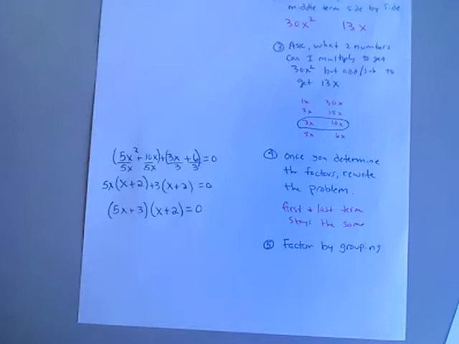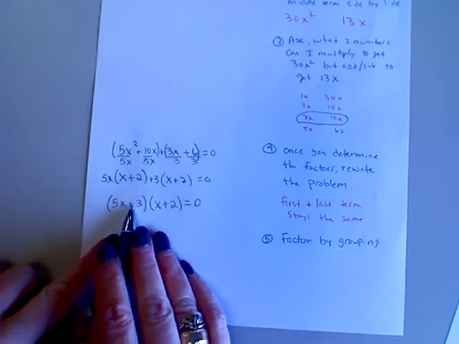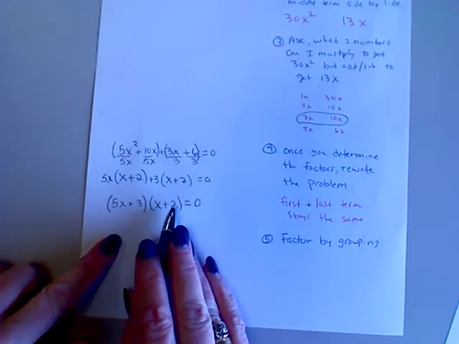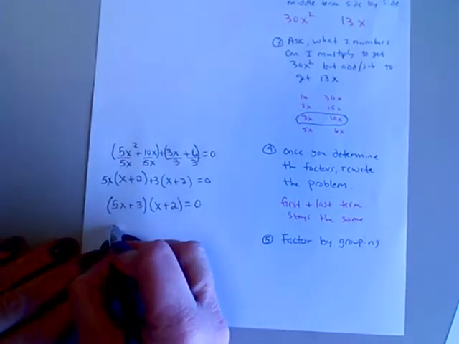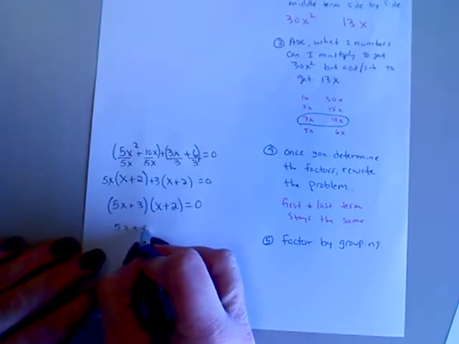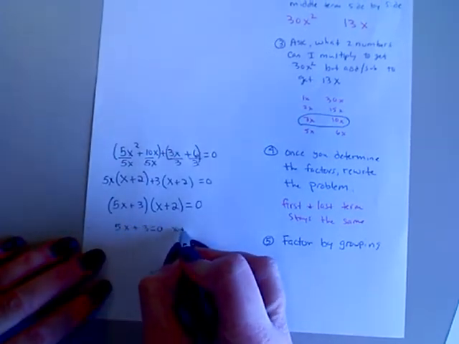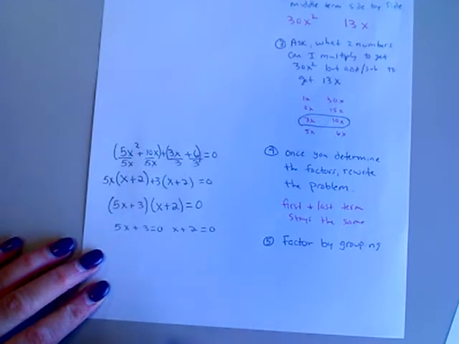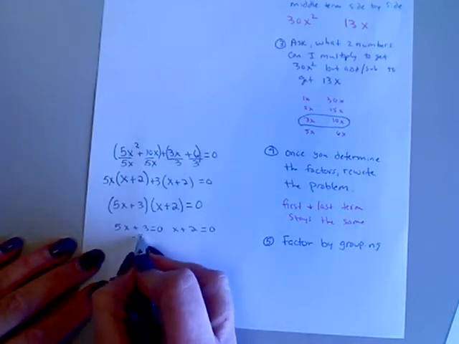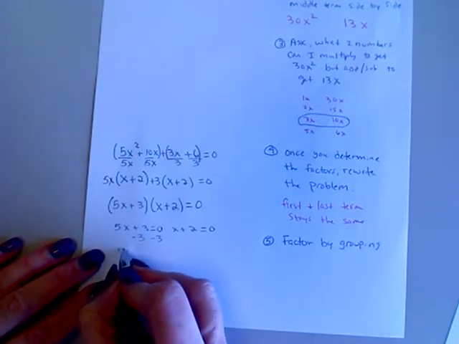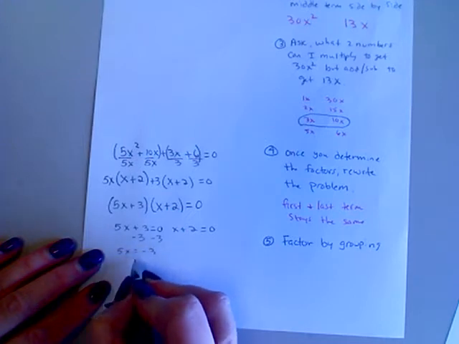Now, like yesterday, since there's an equal 0, use the zero product property and solve each set of parentheses. Set each one of these equal to 0 and solve. In the first one, I subtract 3 from both sides. I get 5x equals negative 3.